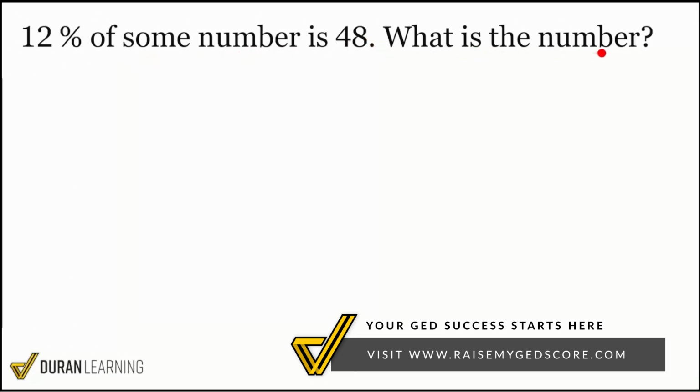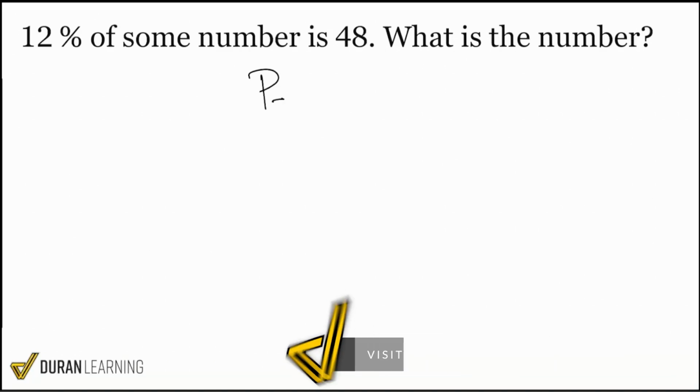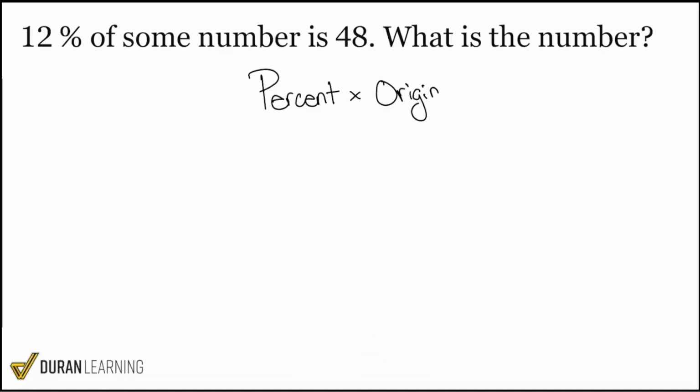What is that number? Okay, let's go ahead and get after it here, everybody. So when we remind ourselves about this formula, we have the formula as percent times original equals the result. And remember, what we multiply is the percent by the original number.